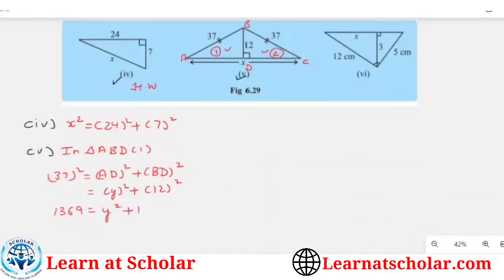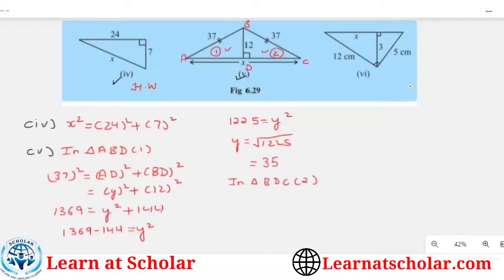So we will find out the value of y, that is AD. The square of 37 is 1369, square of 12 is 144. We will subtract this and we will get 1225. By taking out the square root of 1225, we will get the value of y as 35. So we have found out the value of AD.